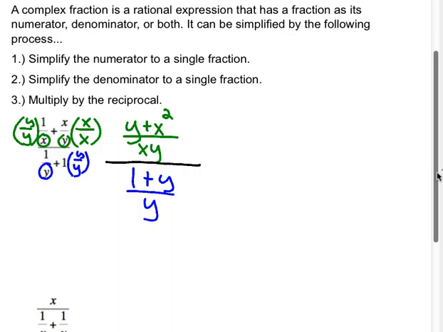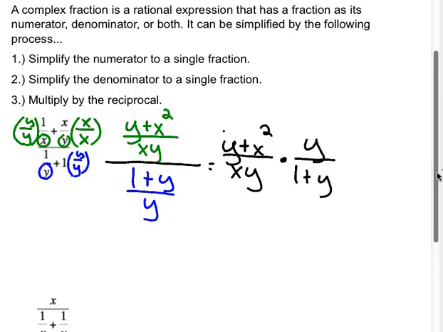Now let's worry about multiplying by the reciprocal. So we have y plus x squared over xy, and I'm multiplying that by the reciprocal. And again, I always do like to go like that, just to make sure we don't try to cancel things that we shouldn't.